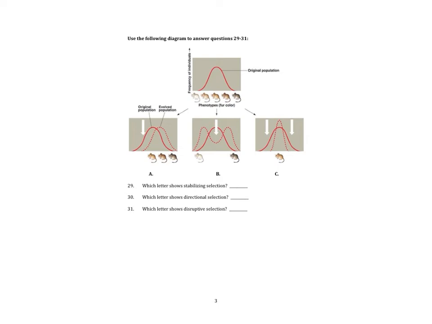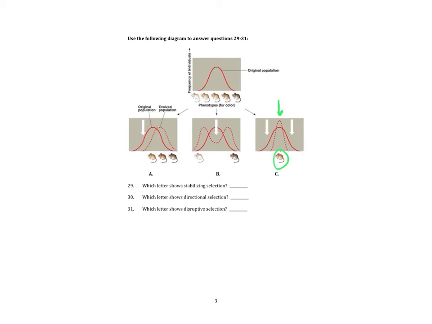So there's several different types of selection that are demonstrated by the bell curves at the bottom. So number 29 says, which letter shows stabilizing selection? Stabilizing selection means that the color that is most common becomes more common. And so if you look at this curve, you'll notice that this kind of medium brown mouse is the most common in the original population.